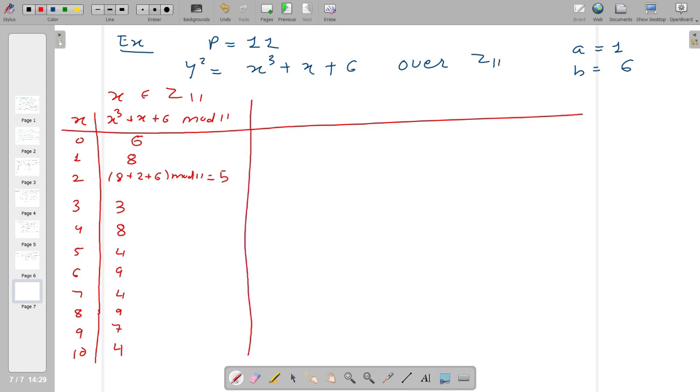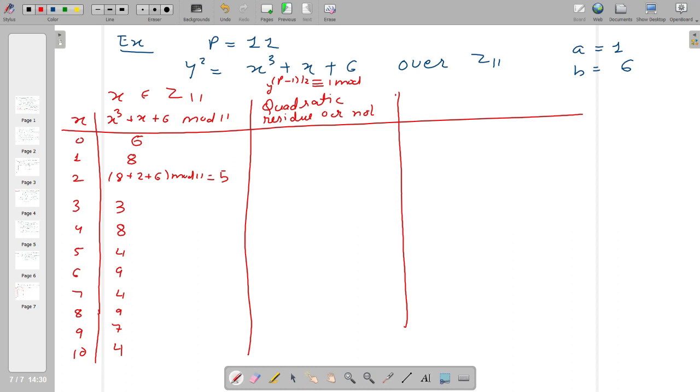Now we will check whether it is a quadratic residue or not. How are we going to check it? We are going to check whether y to the power (p minus 1) by 2 is congruent to 1 mod 11.